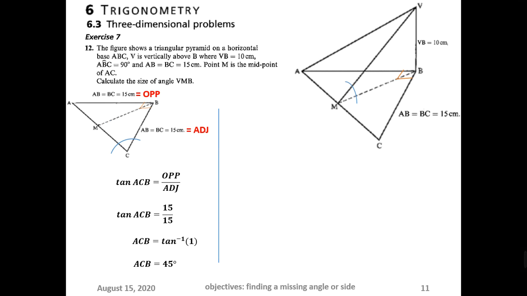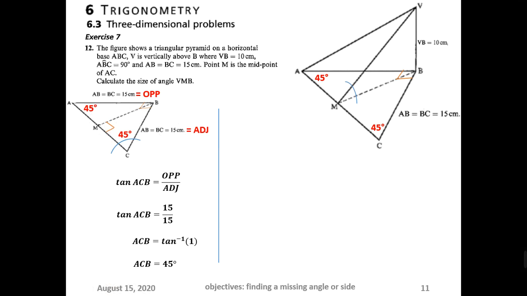Let's have a look at all angles that are equal to 45 degrees. Why? Because the sum of angles in triangle ABC must be equal to 180 degrees. If angle ABC is 90 and angle ACB is 45, then this one must be 45, because they all add up to 180 degrees.